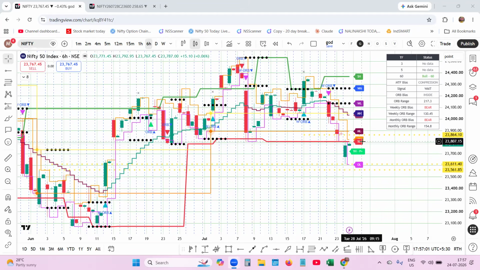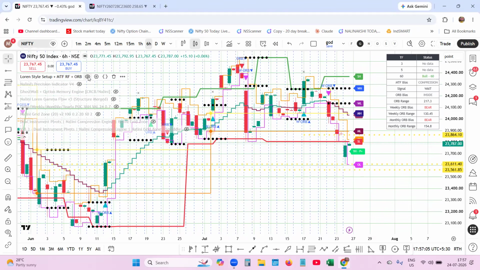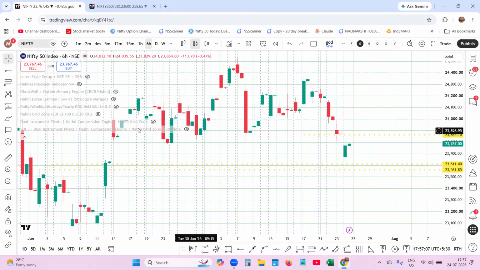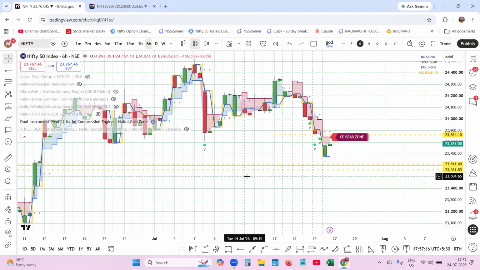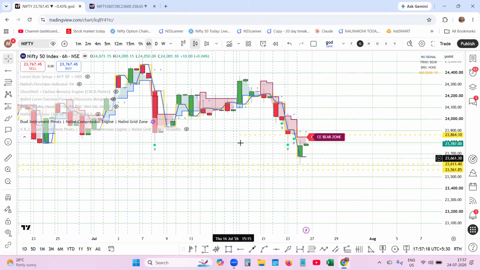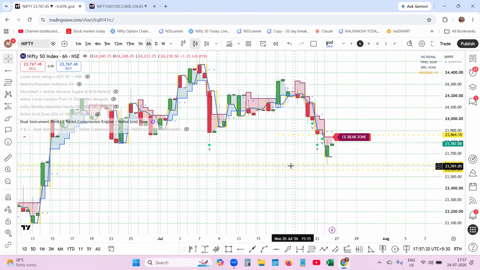So now let me take out the Nalini-Lawrence system, and then let us go to Nalini option premium dual instrument, Nalini compression engine with the grid zone. So it is on the 6-hourly chart.